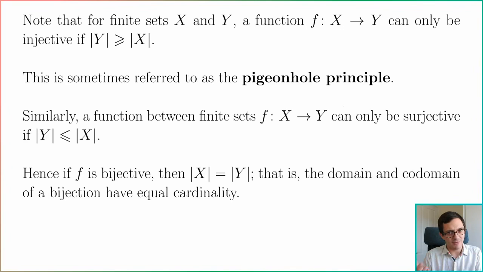So the result is that if you want to set up an injection from pigeons to pigeonholes to put all of the pigeons to sleep, then you need to make sure that you've got at least as many pigeonholes as you have pigeons. That the size of the codomain is at least as large as the size of the domain. You're allowed to have spare pigeonholes.